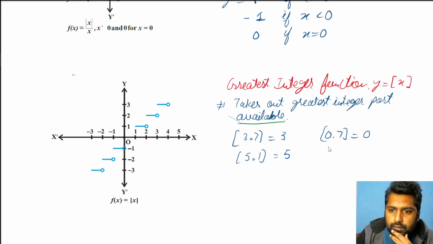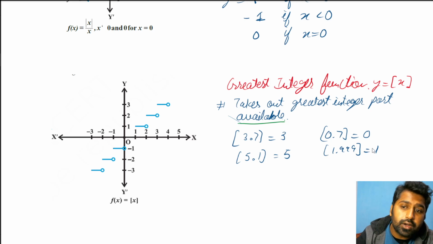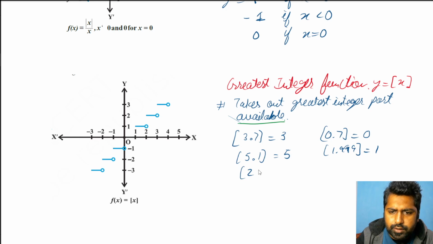Okay, let's say 1.999. Still, the greatest integer available to us is only 1, because it hasn't reached 2. It is getting close to 2, but it is not exactly 2 right now. What if I take only 2 and no decimal place? The greatest integer available itself is 2.